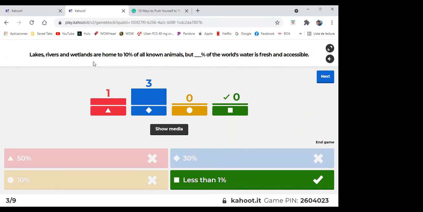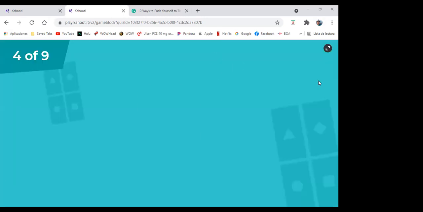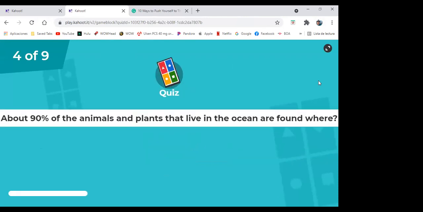Lakes, rivers, and wetlands are home to 10% of all non-animals, but less than 1% of the world's water is fresh and accessible.